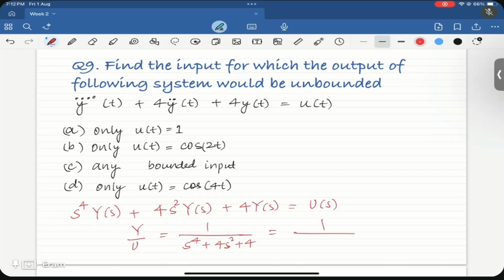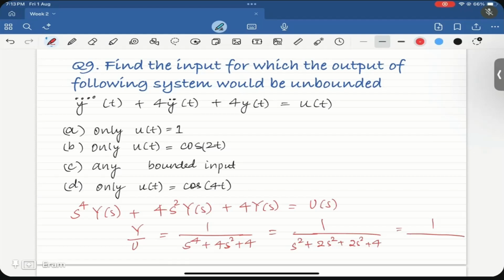So we'll factorize it. Okay, let's do it like this. Okay, we can write it like this.